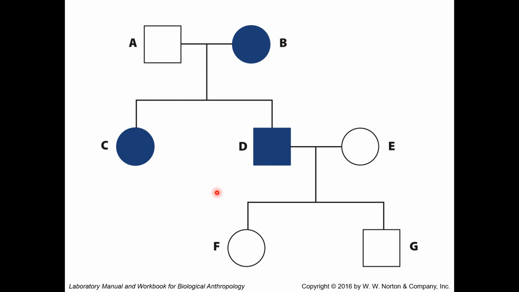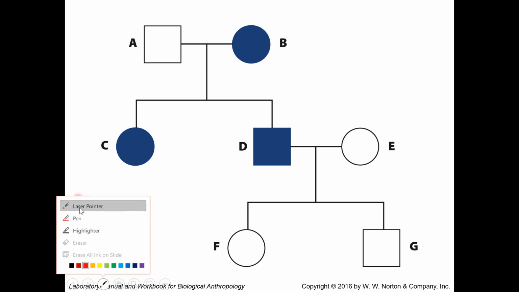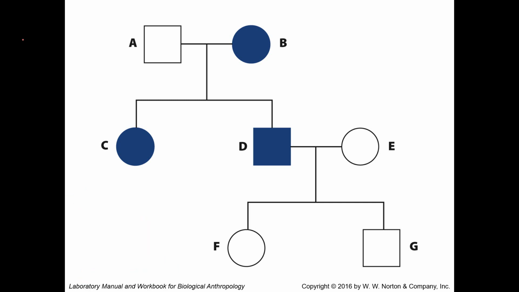So let's do this here. We'll do E for earlobe, and let's do pen. So big E is going to be unattached.